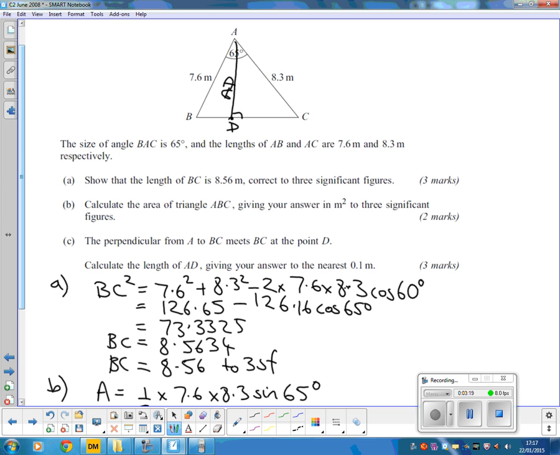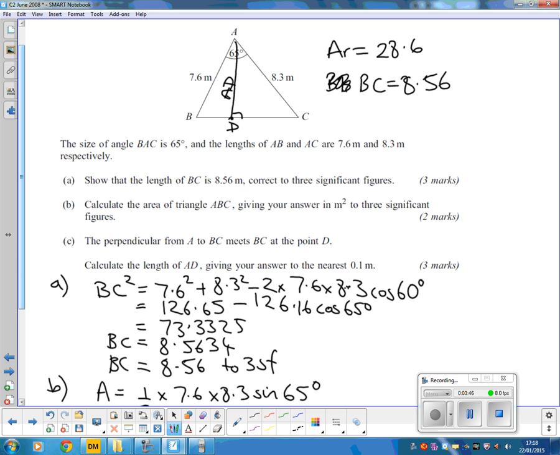Now, usually, the end of a question will involve using what we've got. So what do we know? Well, we know the area of the entire triangle. We worked that out to be 28.6. And we know that the length of BC is 8.56.